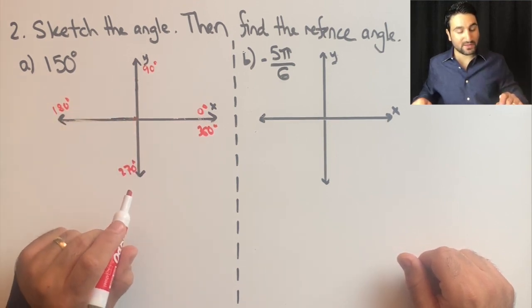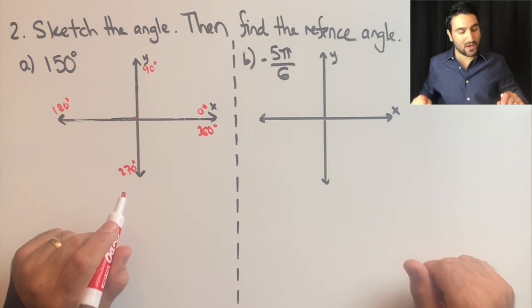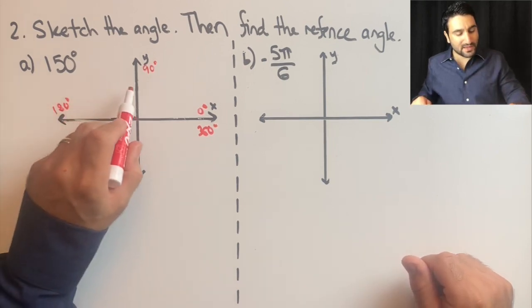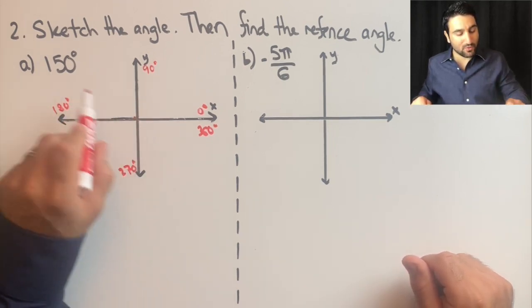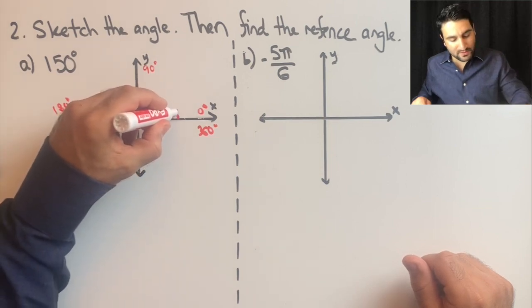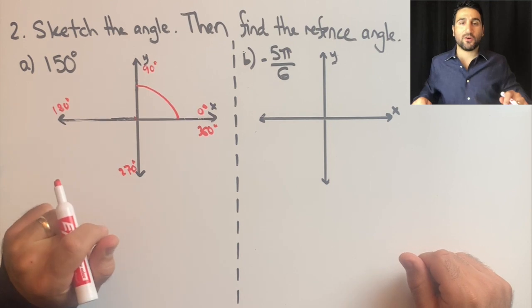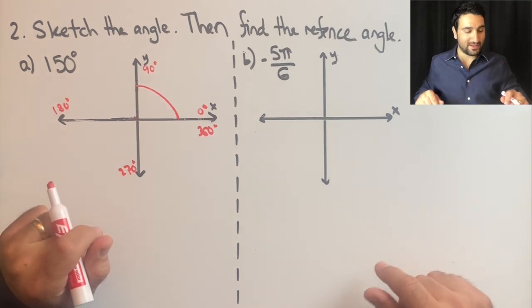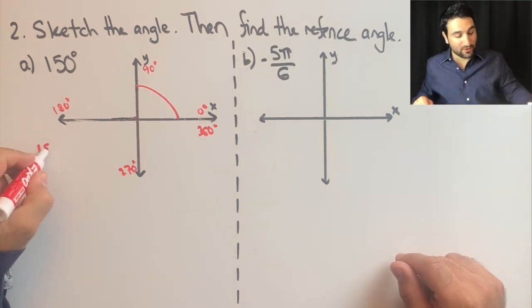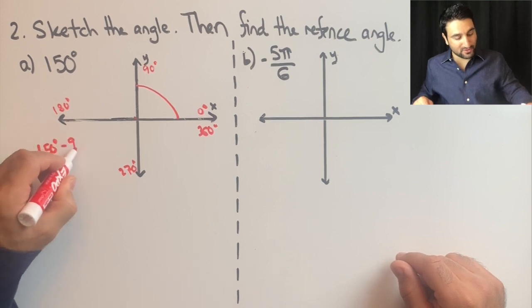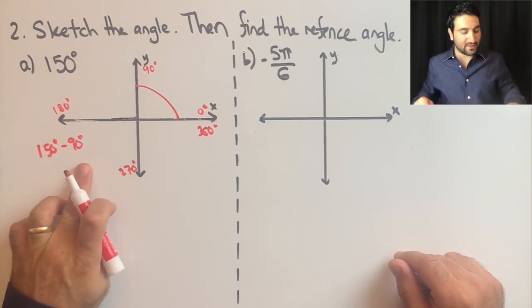All right, so that's good news. So we know where it lands, and we just need to know exactly where it lands. So let's look at this. If we went 90 degrees, how much more do we need to go to get to 150? If you wrote it out in a formal equation, it would be like this.